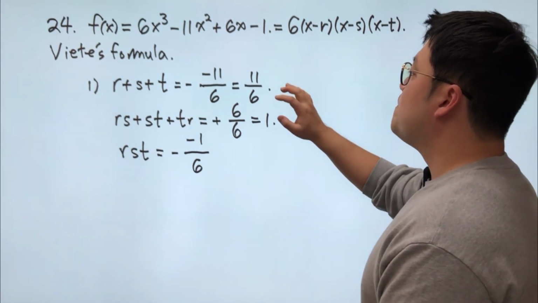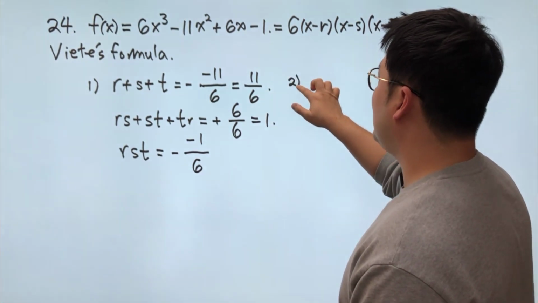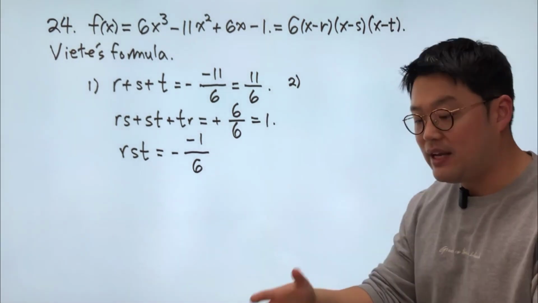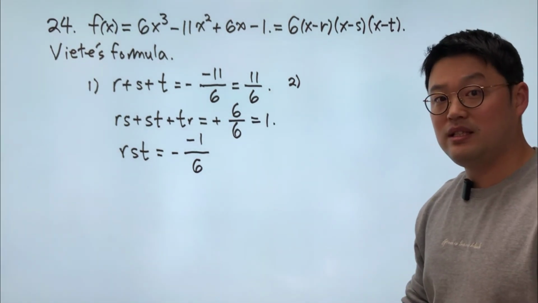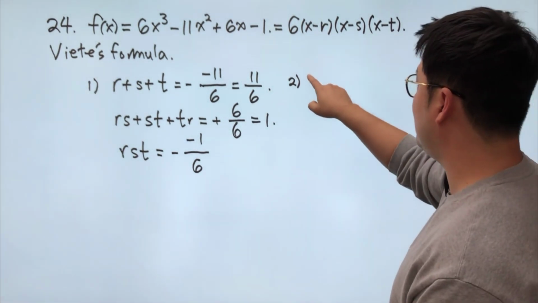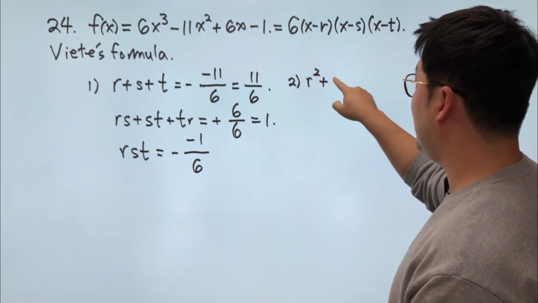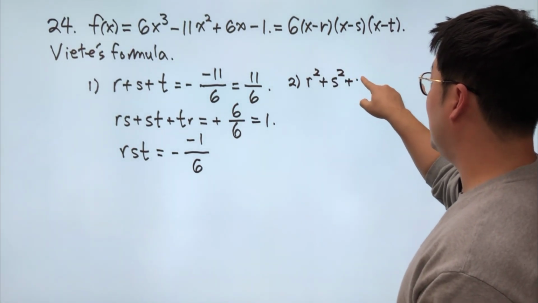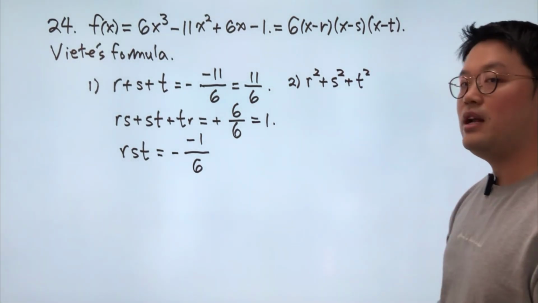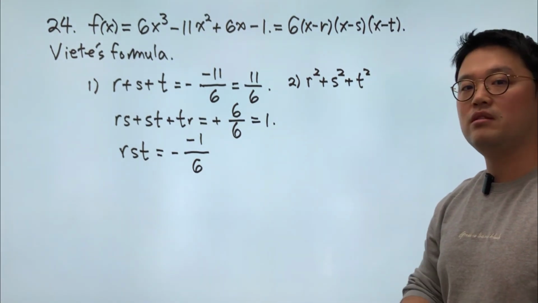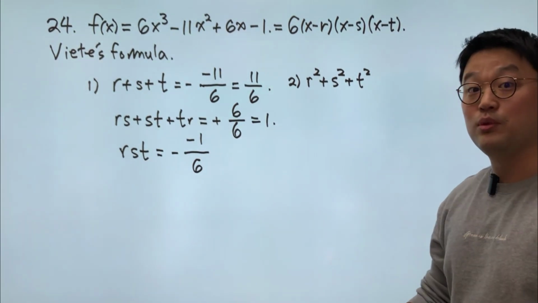All right. So that being said, using all of these ideas, we just have to find r squared plus s squared plus t squared, the sum of all those values. How do we find it? Well, we use some basic algebra tools that we know.